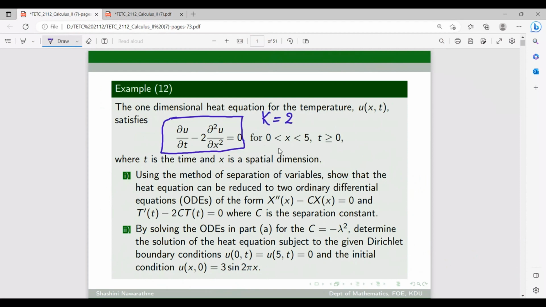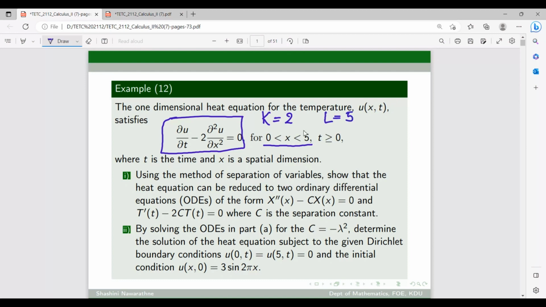And here it is provided that x varies from 0 to 5. What is the meaning of that? There are a few observations that we can obtain from this simple inequality. The length of the rod, capital L, should be equal to 5.